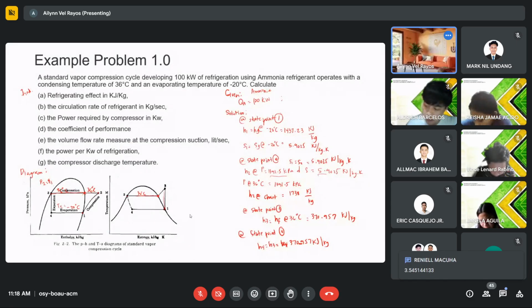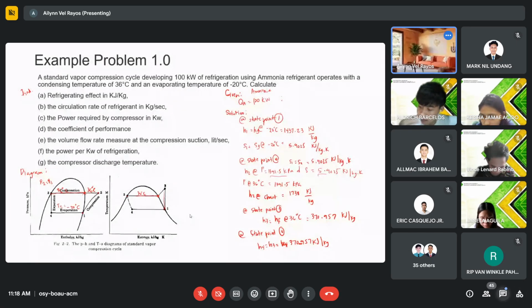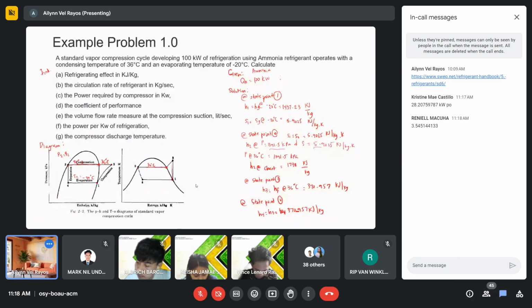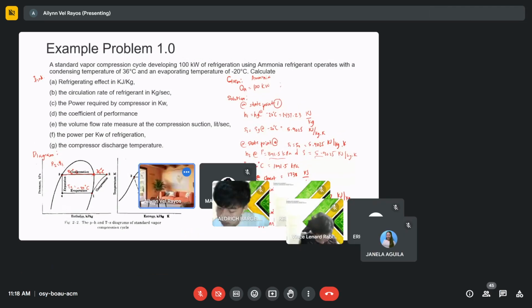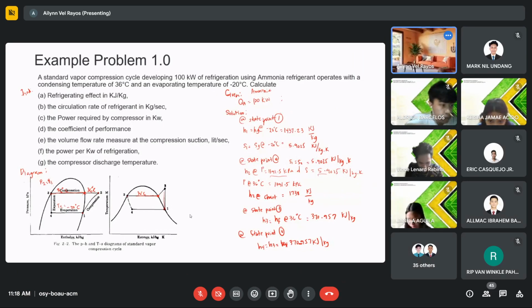Hello? Anong sagot niyo? Pa-share na lang ako, Vince, at saka yung iba, yung mga sagot niya sa GC. Pa-picturean and then send the GC. Okay. So that is, for COP.